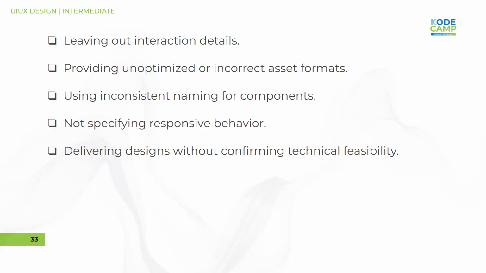Okay, so, delivering design without confirming technical feasibility. This is sending designs that aren't realistic for the existing tech stack, which is going to be costly in reworking later. Remember when I said earlier about the animation part of things that I used to do before? Modern designers now bring animations into web design, and it is actually appealing.